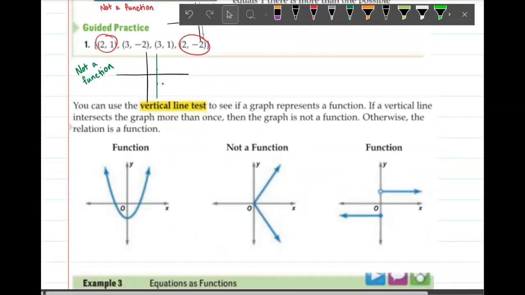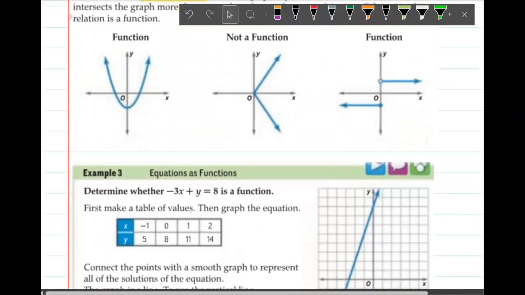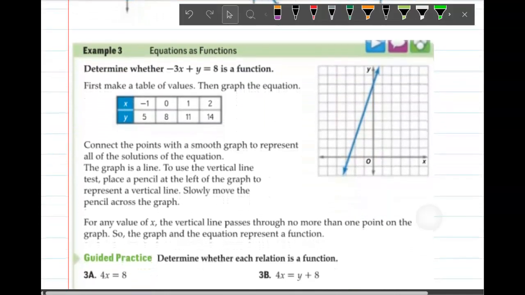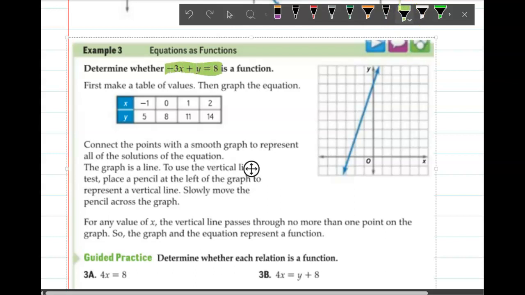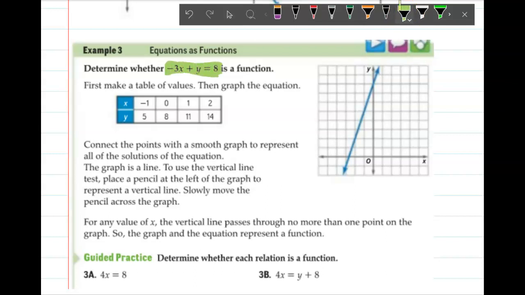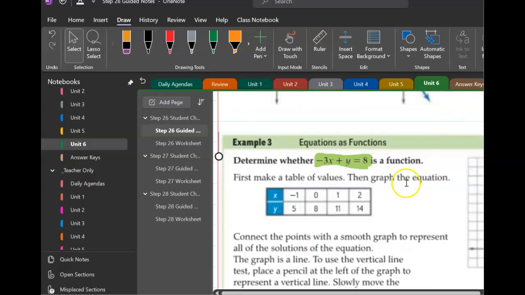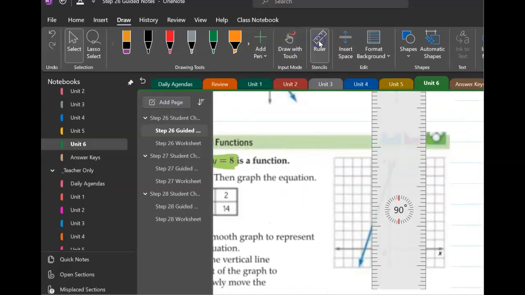Okay, this talks a little bit more about the vertical line test in your notes there. Here we have an equation, and they're asking us, is this a function? Well, again, it's pretty straightforward and easy to tell if it's a function by just graphing it. And then when we pass our vertical line test over it, I'm going to grab my ruler.